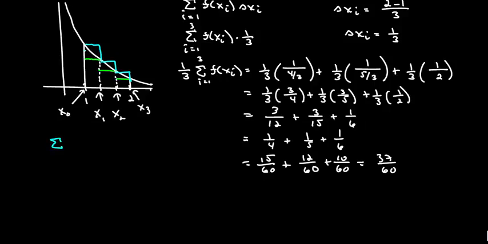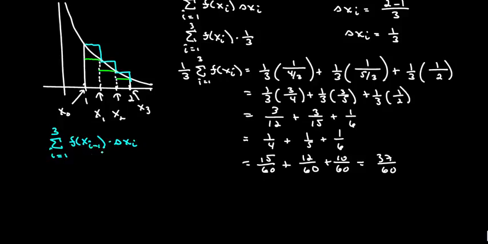Now, since I'm going to be using the left-hand sides of these guys, let's go up to 3. Okay. So I'm going to be using the left-hand sides of these. I need these at f of xi minus 1 times delta xi. So it's the difference here.